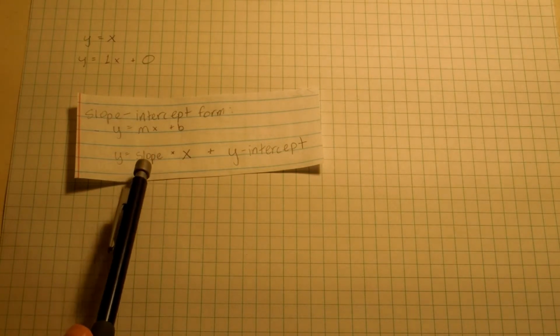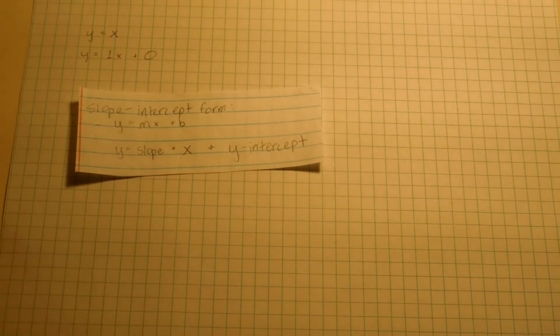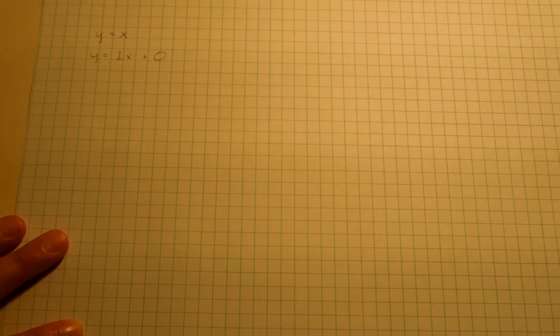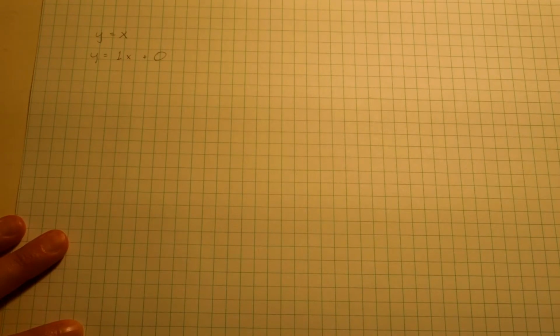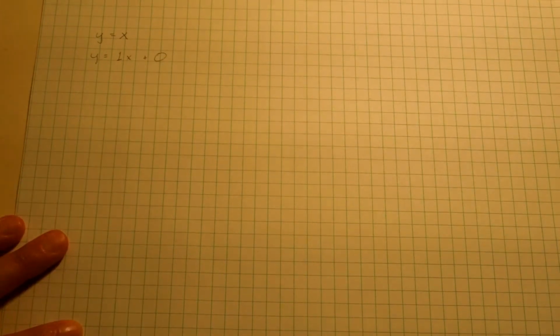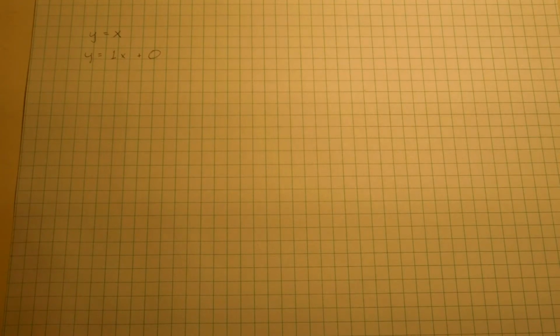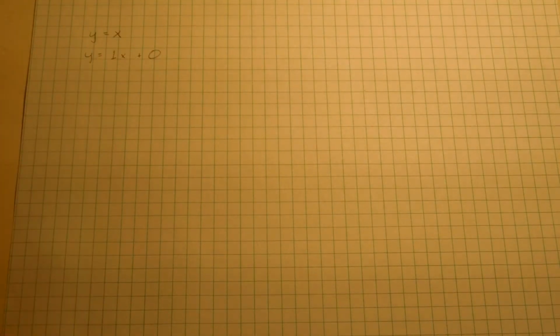The m is the slope, and the b represents the y-intercept. So in this equation, the 1 is in the m spot, and the 0 is in the b spot. So 1 is the slope, and 0 is the y-intercept. It's as easy as that. All you have to do is look at the equation, look at the m spot and the b spot, and you have your answers.